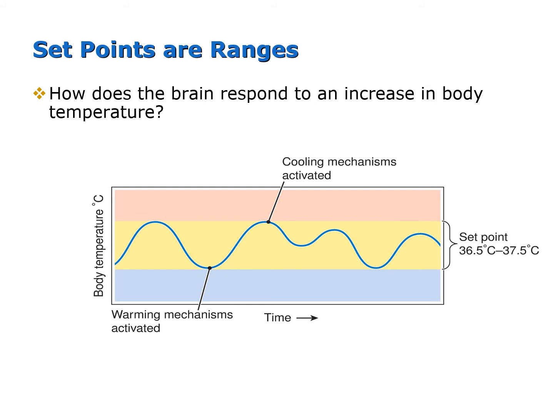So our body is set up to 36.5 up to 37.5 degrees Celsius. Everything that drops under 36.5 will be perceived by our body as cold, while everything that is over 37.5 will be perceived as heat.